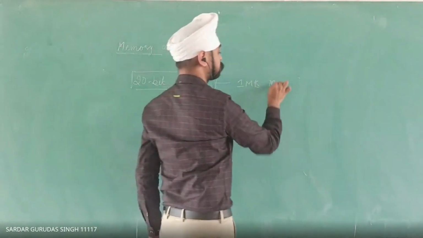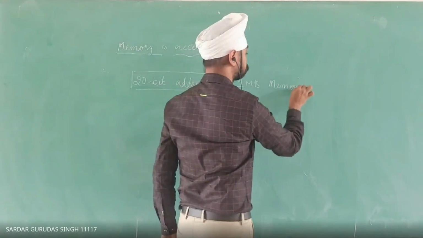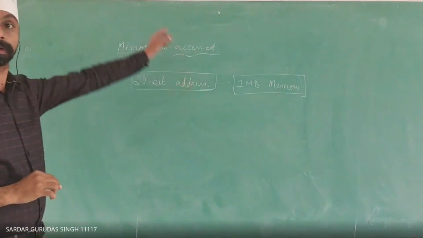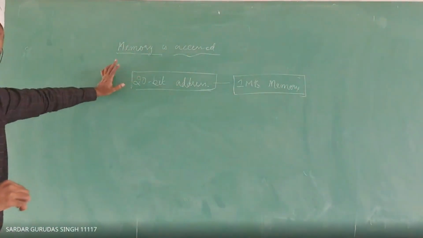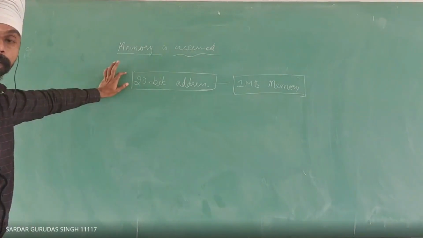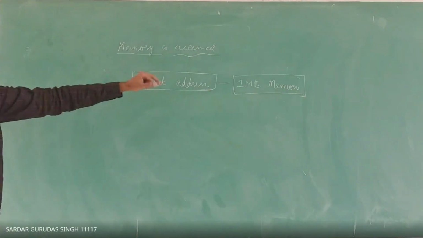1 megabyte memory. Am I right? Am I right or wrong? Do you require 20 bits or 16 bits? How many bit address do you require to access 1 megabyte memory?